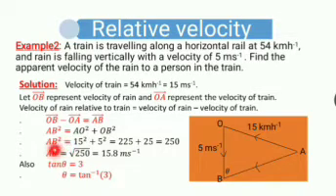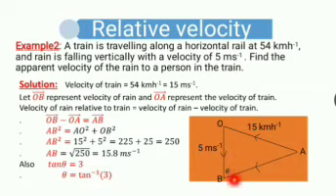To get AB, we find the square root of both sides. The square root of AB squared gives AB, and the square root of 250 gives 15.8 meters per second. So that is the magnitude, the length of this AB.